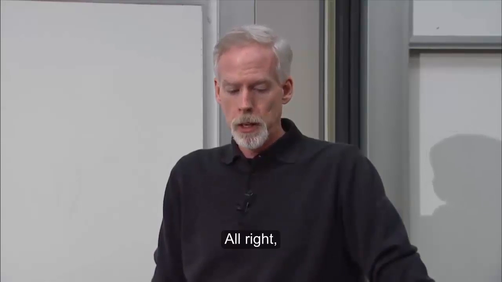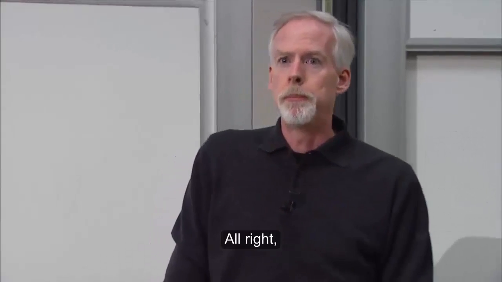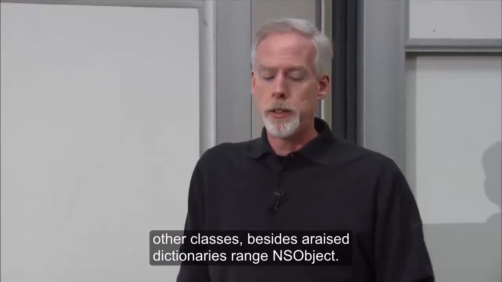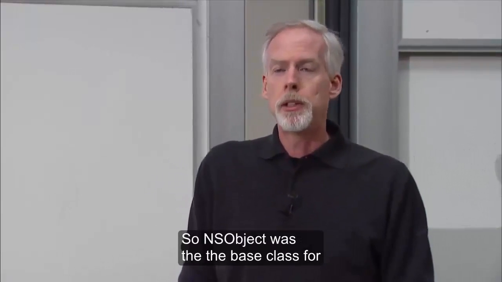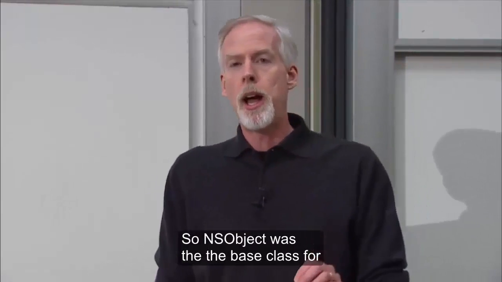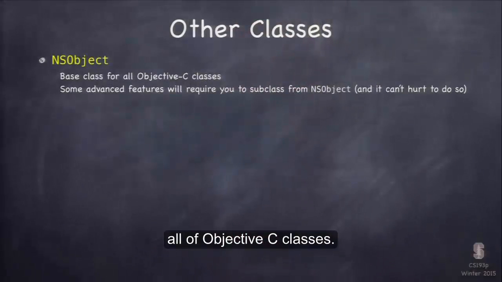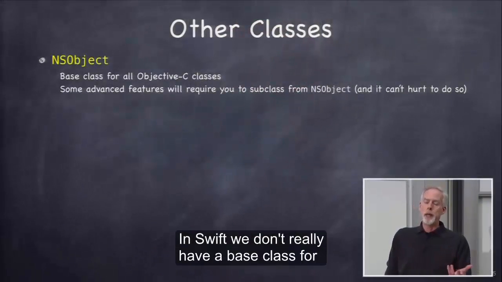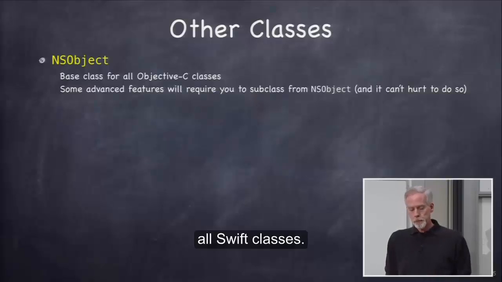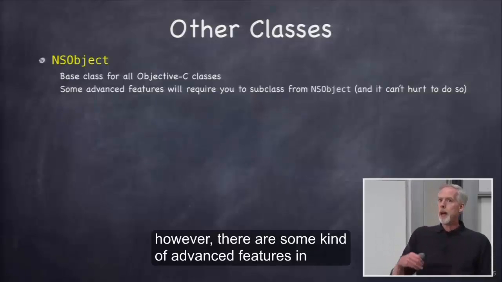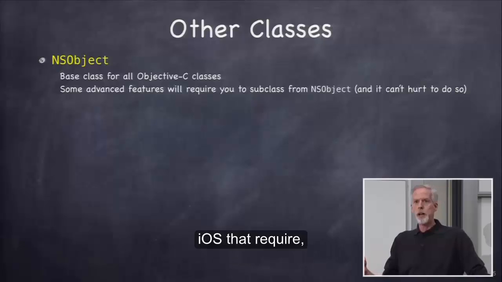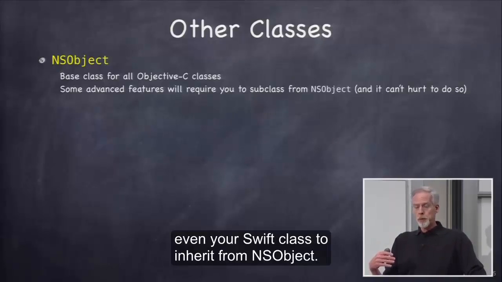All right, other classes besides arrays, dictionaries and range: NSObject. NSObject was the base class for all Objective-C classes. In Swift, we don't really have a base class for all Swift classes. However, there are some advanced features in iOS that require even your Swift class to inherit from NSObject.